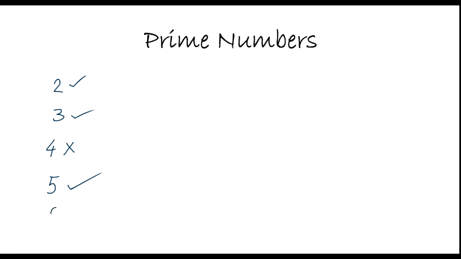We have 6 here. Besides 1 and 6, we have 2 and 3 as divisors. We can divide 6 with 2 and 3. So it cannot be a prime number. Next we have 7.